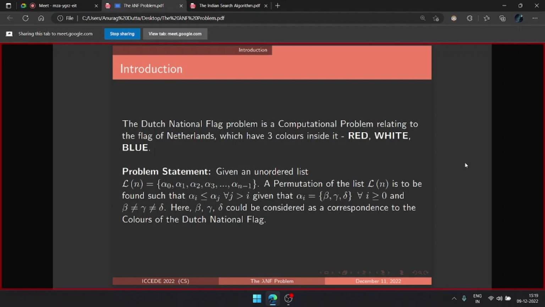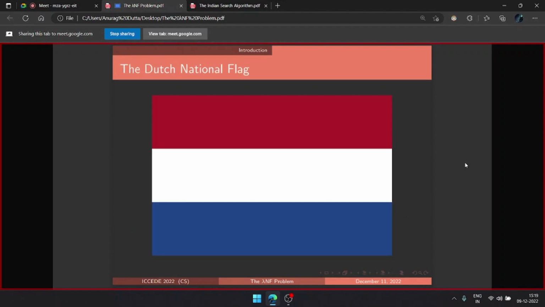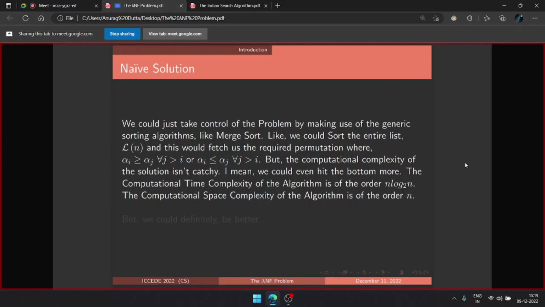The list is filled by only three values for the Dutch national flag problem: beta, gamma, and delta, for all i greater than or equal to 0. The three values beta, gamma, and delta won't be equal to each other in any sense.